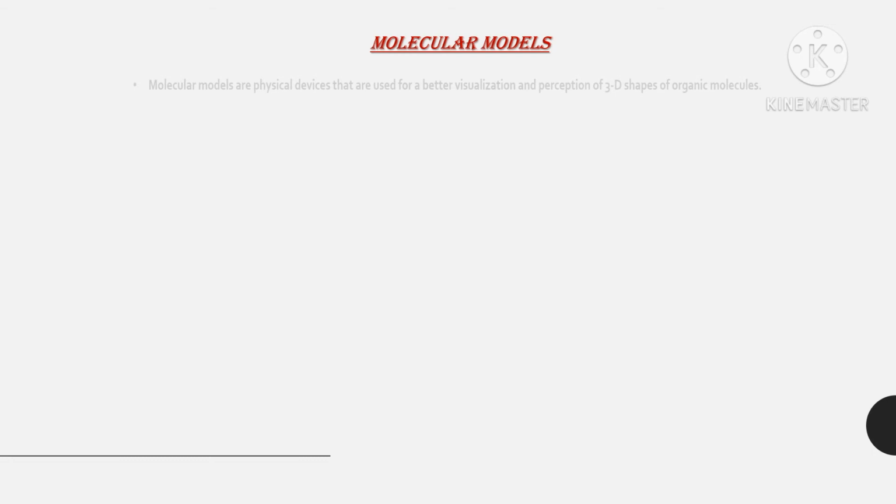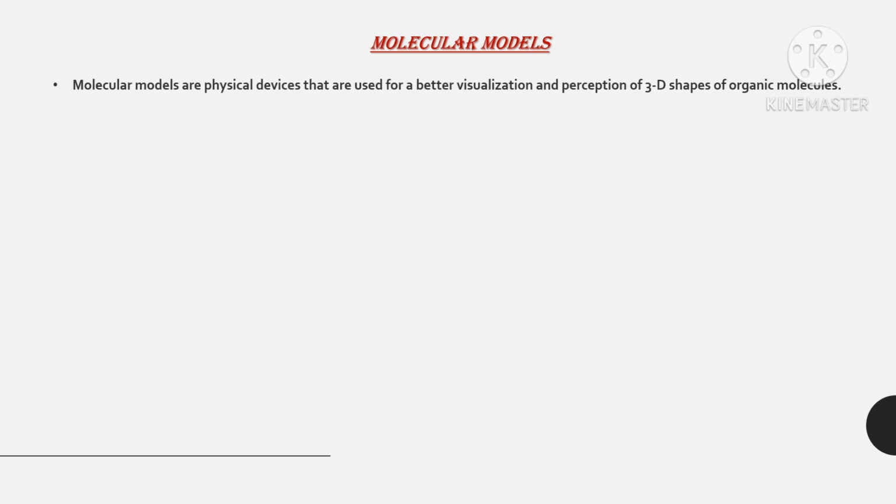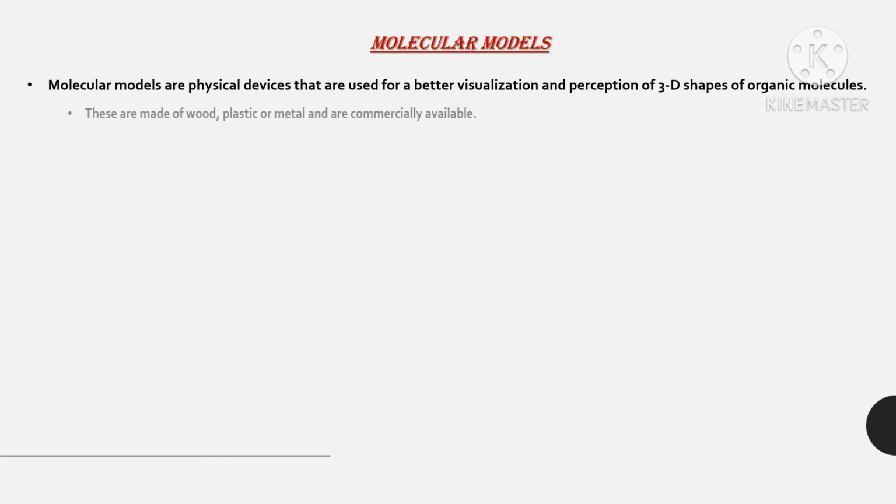Molecular models are physical devices that are used for better visualization and perception of the three-dimensional shapes of organic molecules. These molecular models are made of wood, plastic, or metal. There are three types of molecular models used.